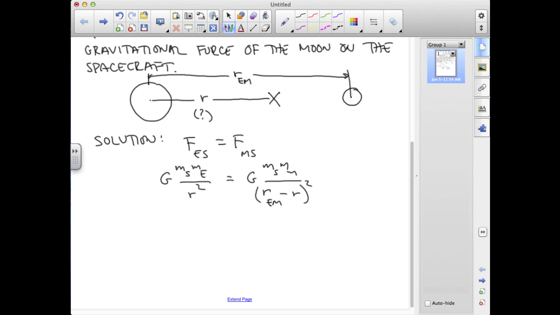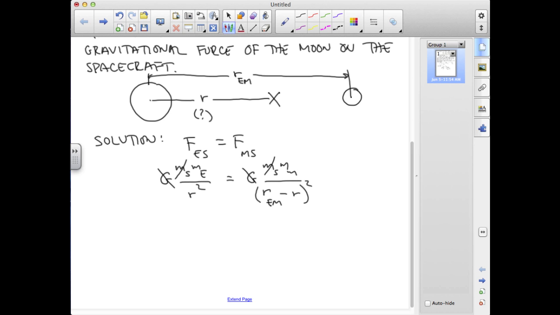So in this case, a number of things cancel out. And so we'll get rid of the G. That doesn't show up past this point. And we'll get rid of the mass of the spacecraft. That's common to both sides. And then what we'll do is we'll cross multiply this expression and rearrange it a little bit so we can see what we're trying to solve for. So I'm going to multiply through by the denominators and further divide by the mass of the Earth on both sides.